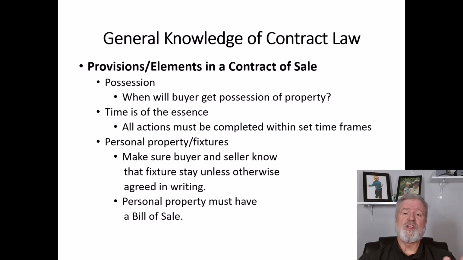Now, potentially, y'all, the seller, say they've got a chandelier in a dining room, and says, I'm not leaving the chandelier. That chandelier's been in my family for X number of years, and I'm not going to leave it. Well, first of all, if I were the listing agent, I would be telling the seller, well, then take it down now before we put it on the market. Take that chandelier down and put something back up in its place. That's the best way to handle it.